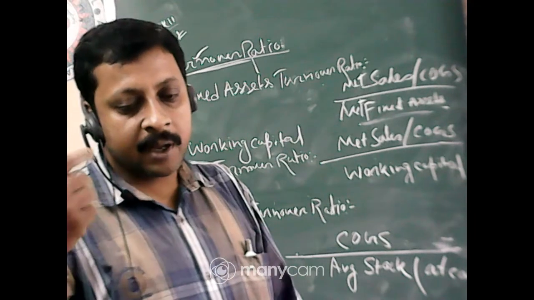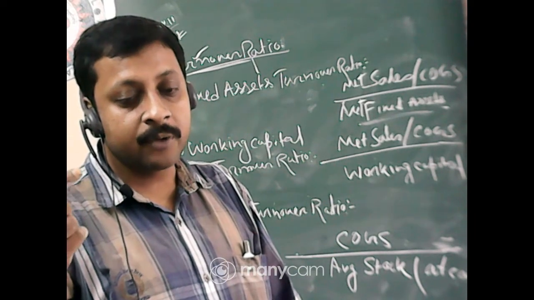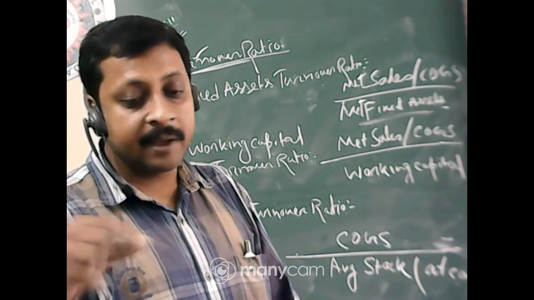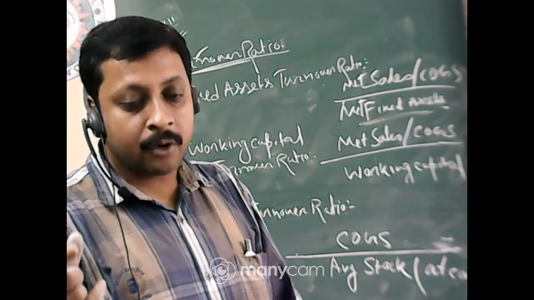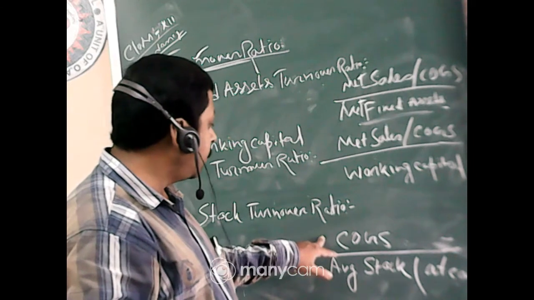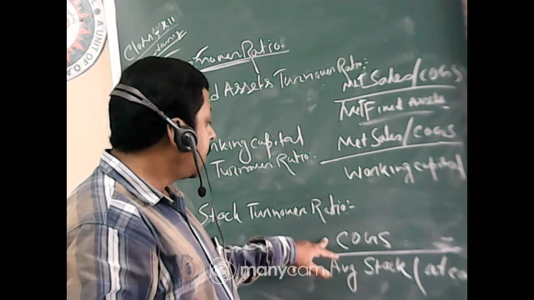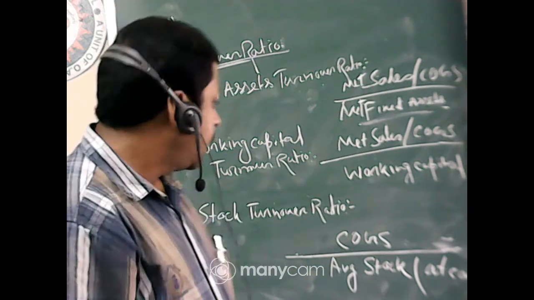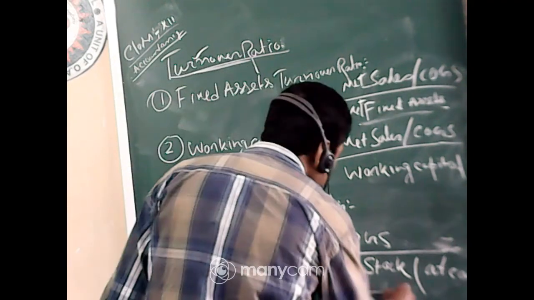Then automatically you can remember that in case of stock turnover ratio, cost of goods sold is used, because the average stock, lying in your factory, is not related with sale but related with cost. So the numerator in case of stock is cost of goods sold. Now why do we use average stock?